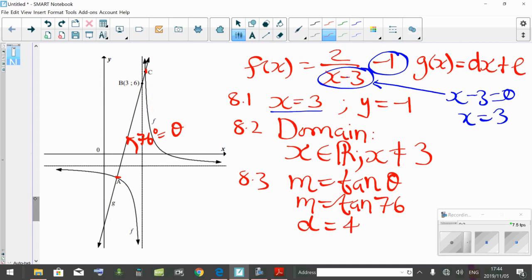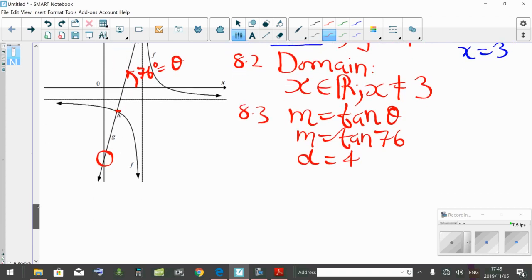And if you analyze your graph, you will see that our straight line passes through the point B, which is (3, 6). We are going to use that point to calculate the y-intercept, which happens to be that point there, where the line cuts the y-axis.